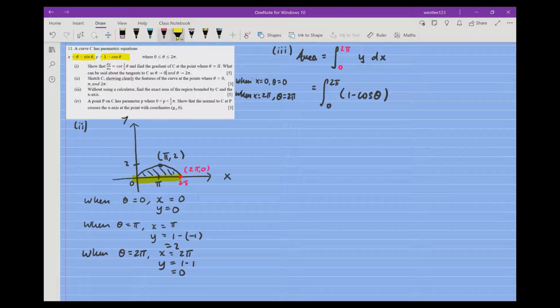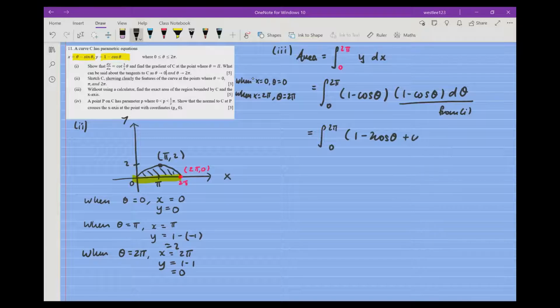So from part 1, if you go back to the part 1 working, you can get dx equals 1 minus cosine theta d theta. So simplifying, if you open up the bracket, you have 1 minus 2 cosine theta plus cosine squared theta d theta. So you can change the trigo identity.